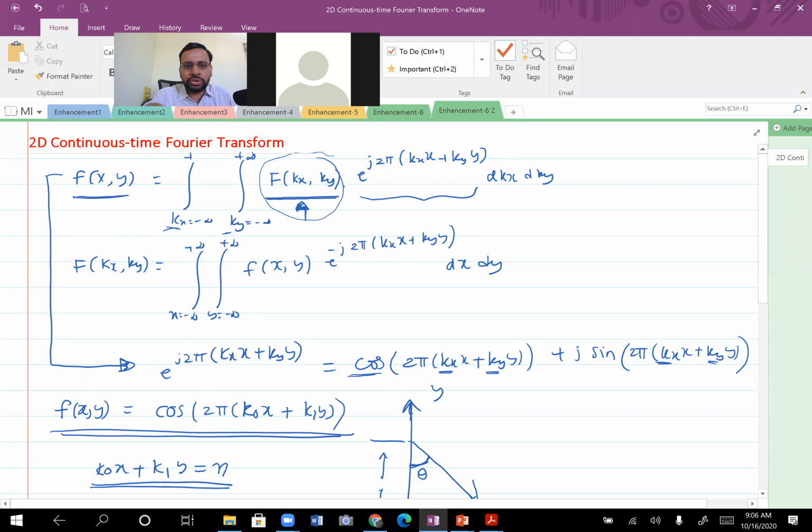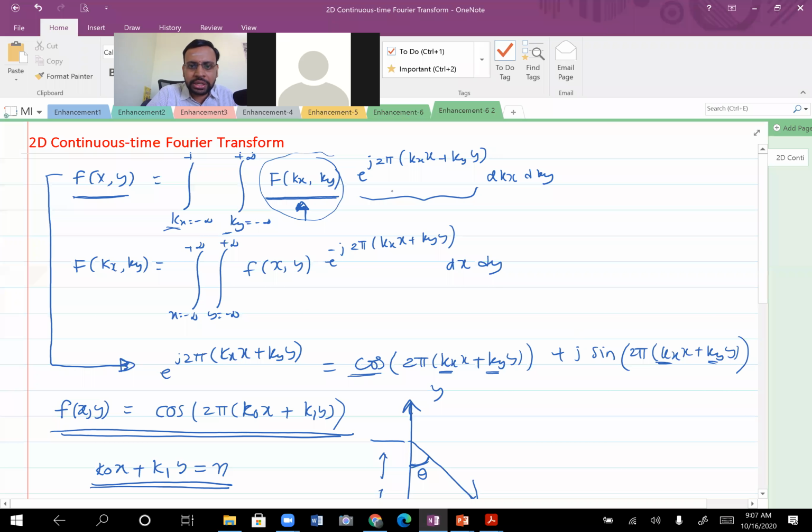So if you substitute here, this would be equal to 1 by 2 times e power j 2 pi of (k naught x plus k1 y) plus e power minus j 2 pi of (k naught x plus k1 y). That would give you 2 times cos, and the half and half get cancelled. Since you have a cosine, you have linear combinations of sines and cosines.